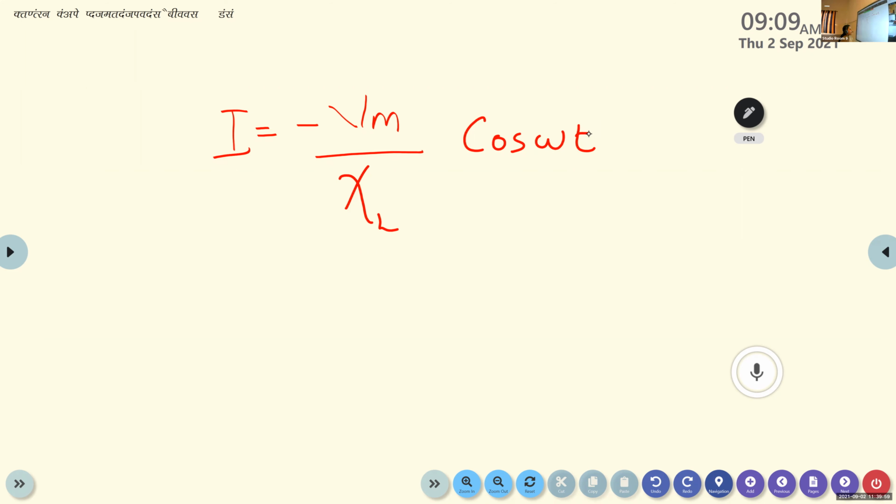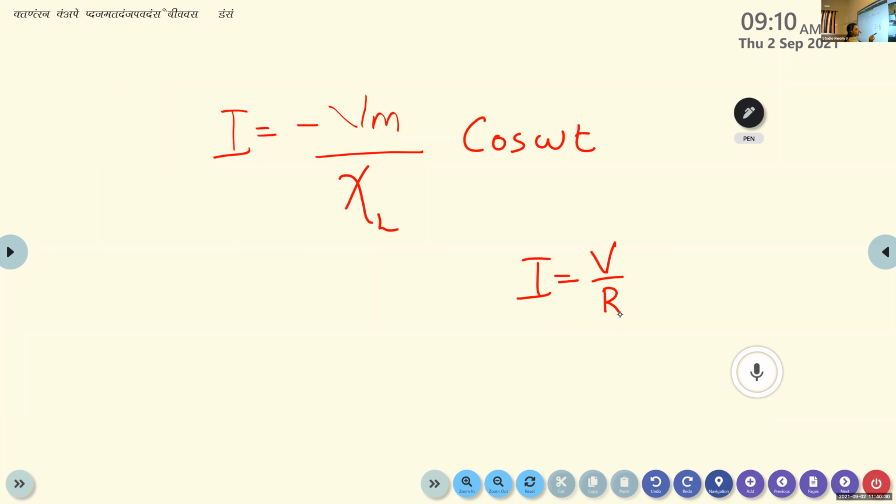Okay. And according to Ohm's law, I is equal to V by R, where R is the resistance, V is the potential difference, and I is the current. Similarly, here we are going to derive an expression for the current generated in the inductor when it is connected to an alternating voltage source.